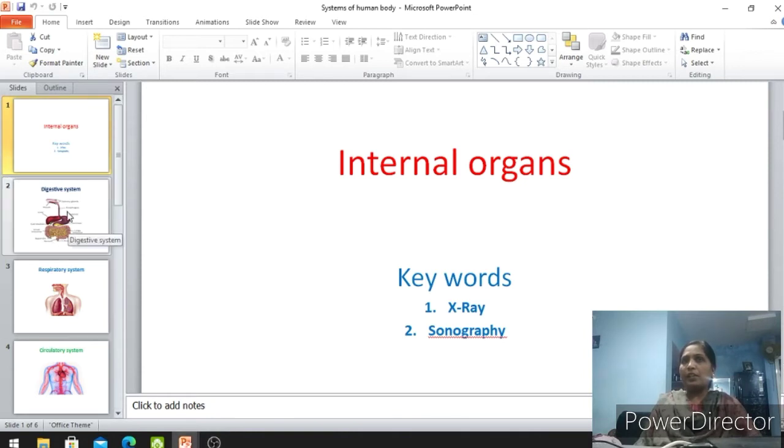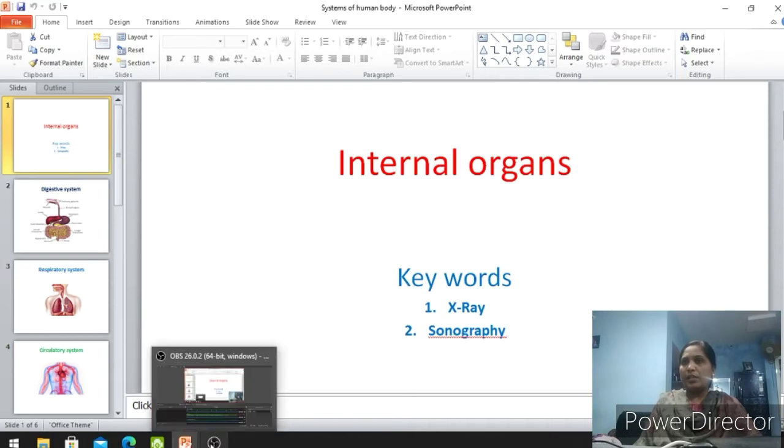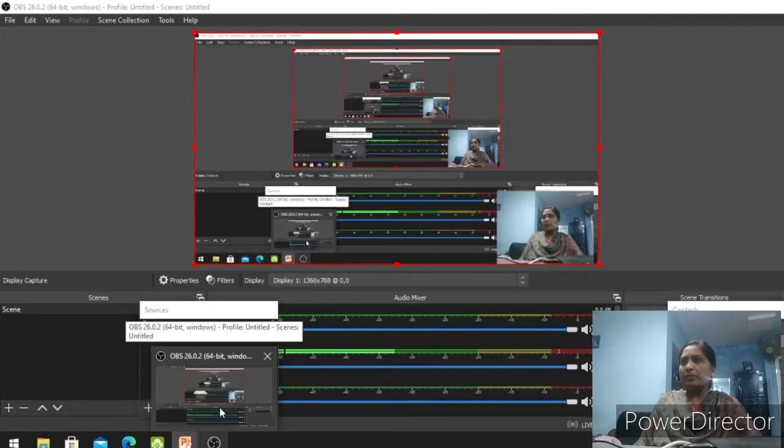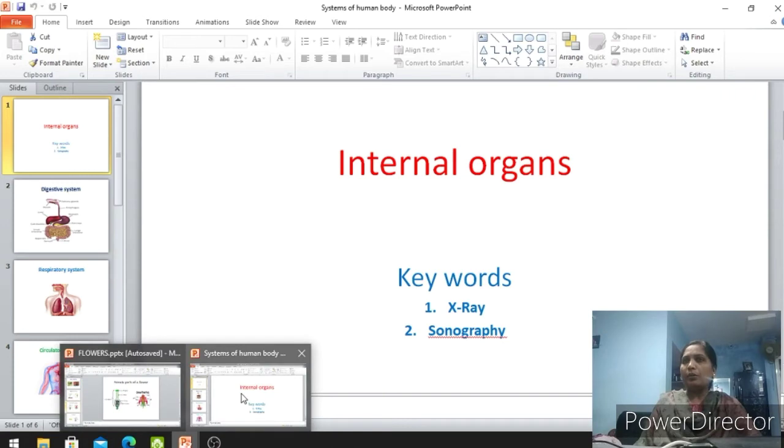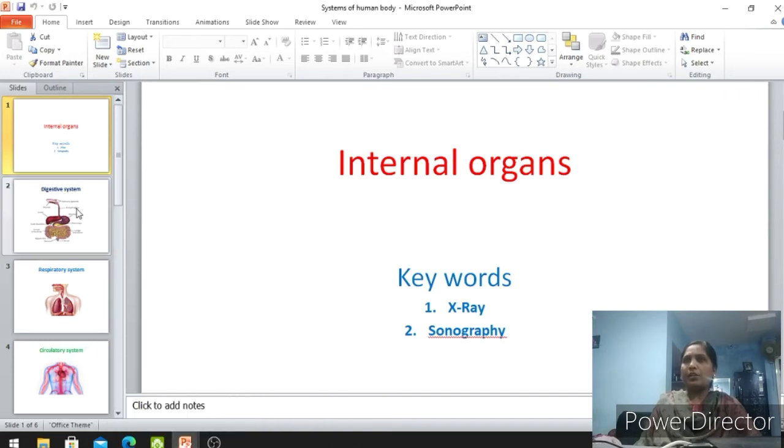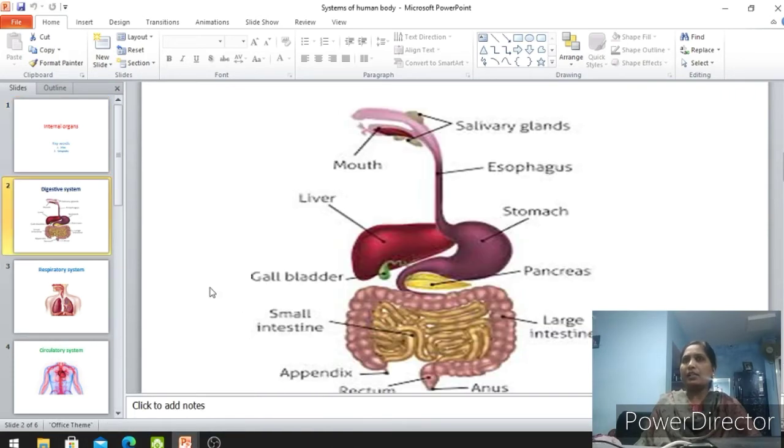Now, there are different internal organs in our body. Every organ is taking an important role to lead our life. So now we will see what are the internal organs connected to each system. We will discuss once. This all you already learnt: in the digestive system, mouth, esophagus, liver, pancreas, small intestine and the large intestine.